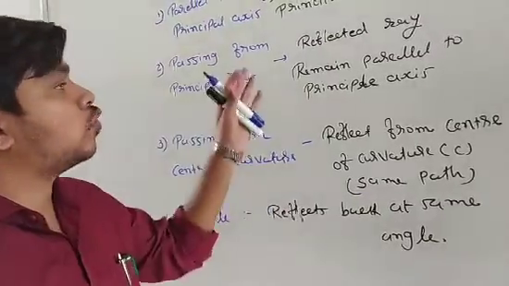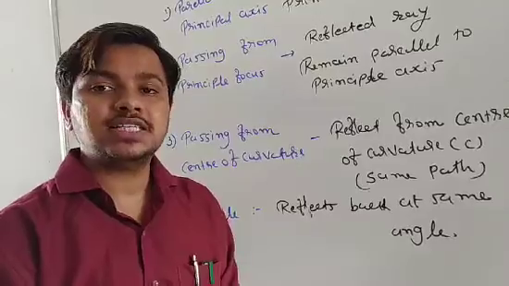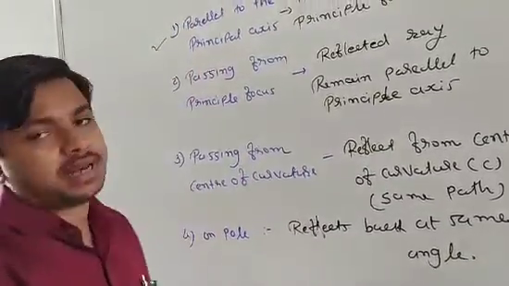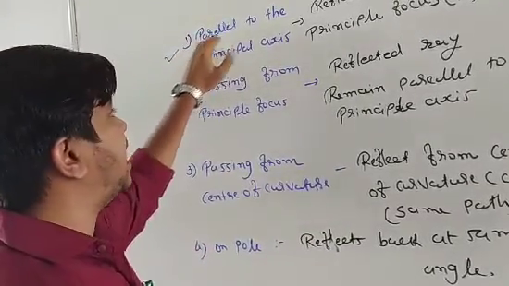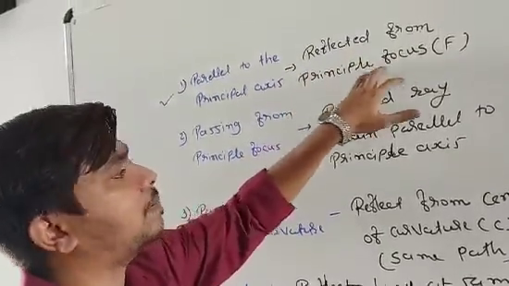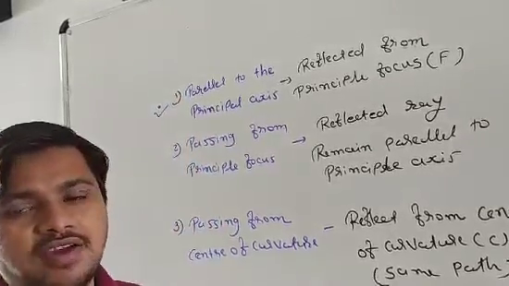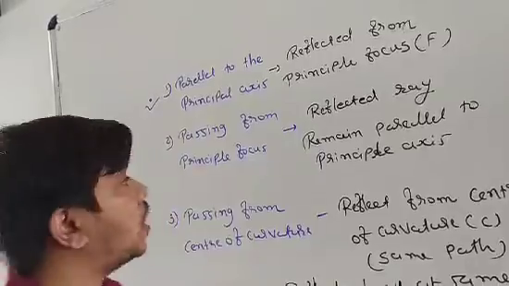We use two of them for forming an image with the help of a spherical mirror. Which are they? The first one, parallel to the principal axis. You have to always remember them. When the ray is parallel to the principal axis, after reflection, it just passes through the principal focus. You have to use this ray for each and every image formation by a mirror and a lens also. So you have to remember it.